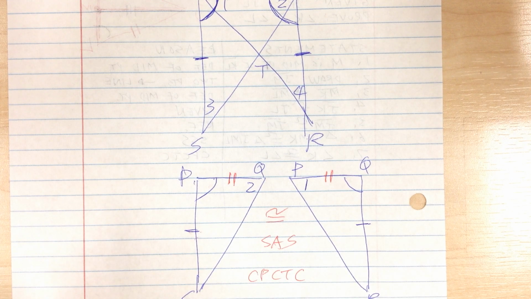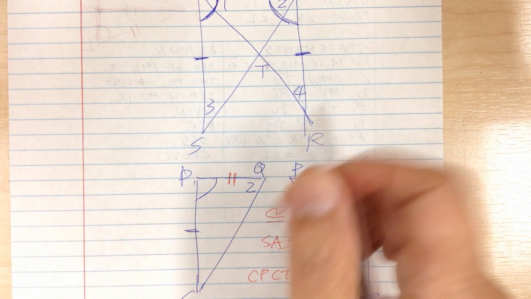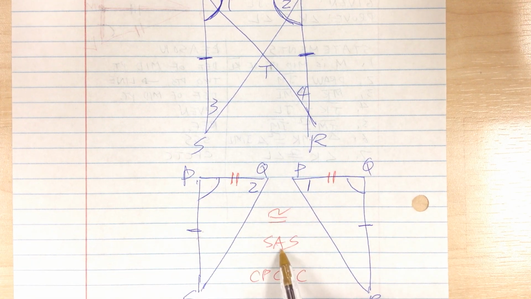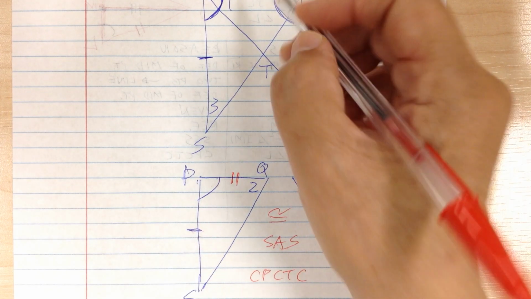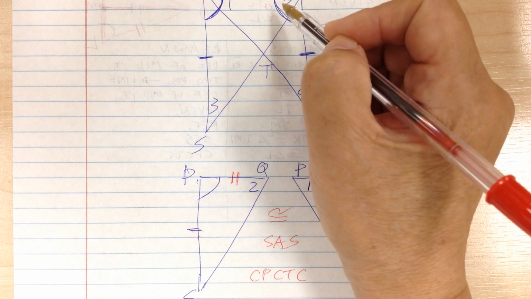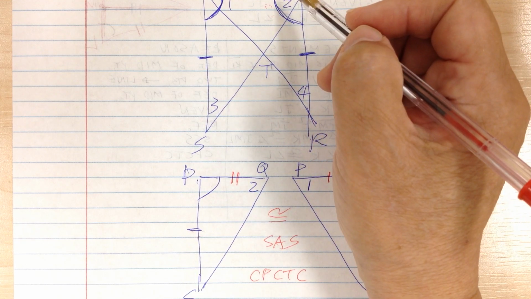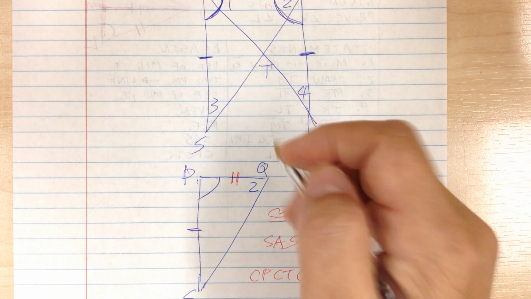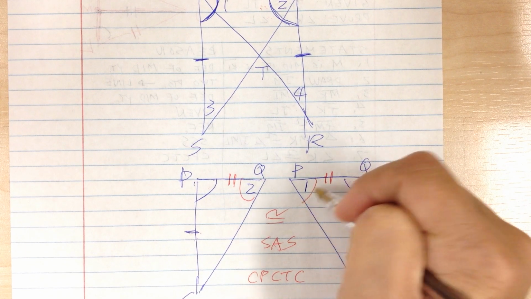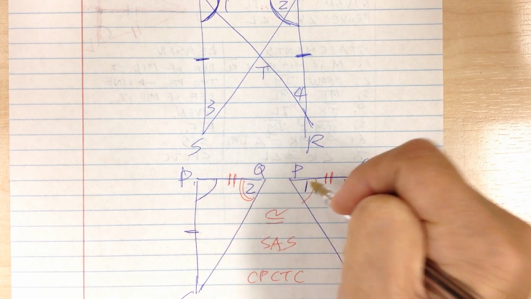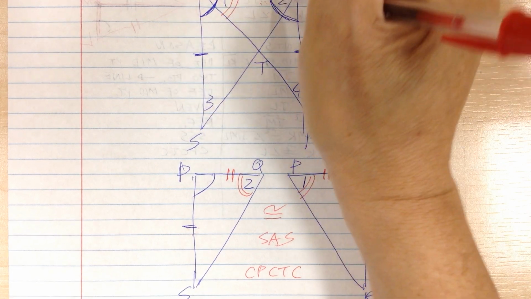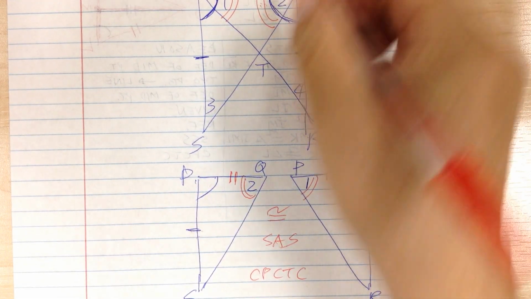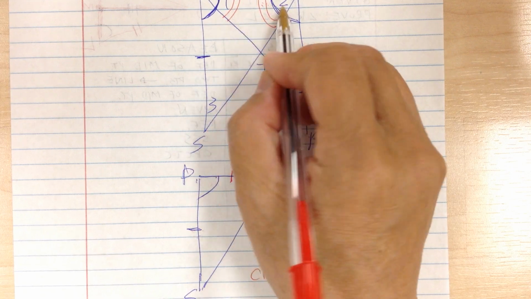What congruence postulate can you use to prove that the two triangles are congruent? Well, the answer is SAS. And explain why PQT is isosceles. Well, now you know that angle 1 and angle 2 are congruent, right? So if you go back over here, these little tiny angles are congruent.